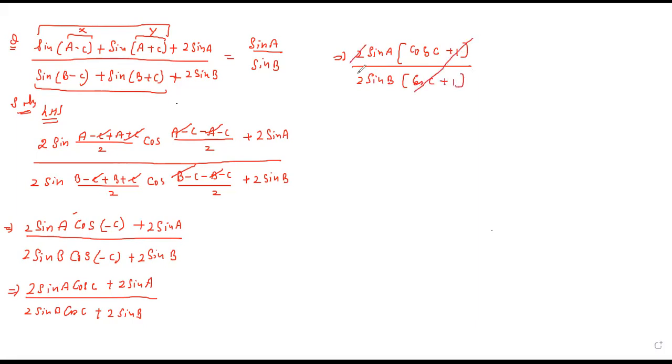Cancel. 2 goes with this, which implies it is equal to sin A upon sin B. Proved. So these types of questions are important.